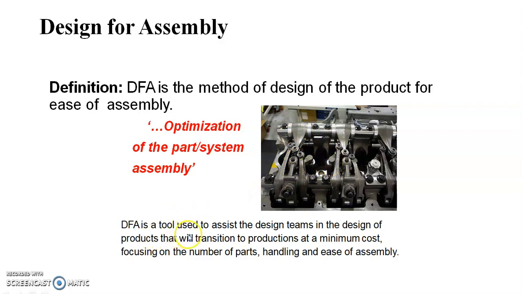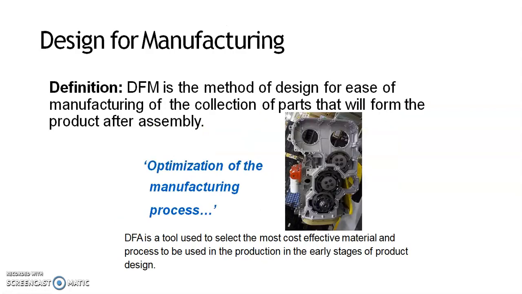DFA is a tool used to assist design teams in designing products that will transition to production at minimum cost, focusing on the number of parts, handling and ease of assembly. Whenever we want to prepare the assembly in a very simple way, all the parts should be assembled in a simple and proper way, then it is a case of design for optimization of the part and assembly.